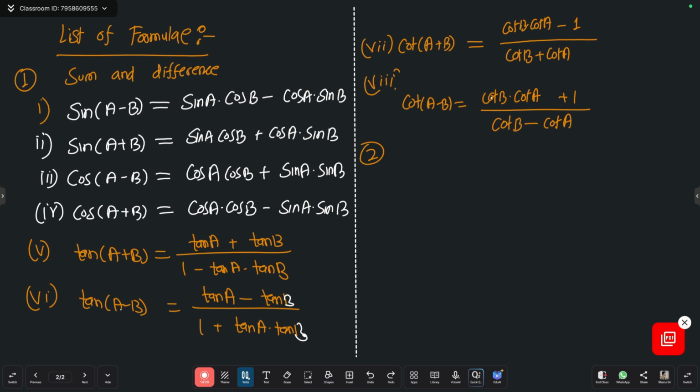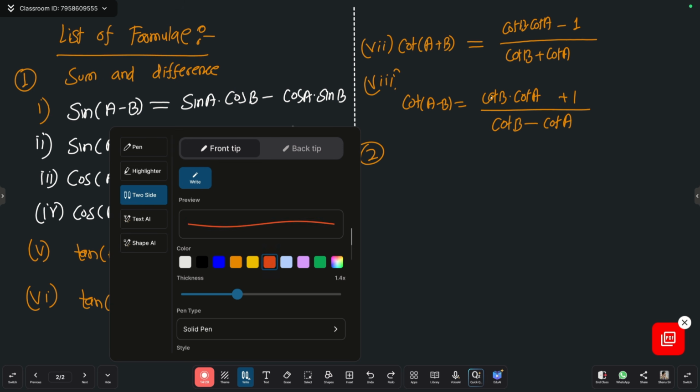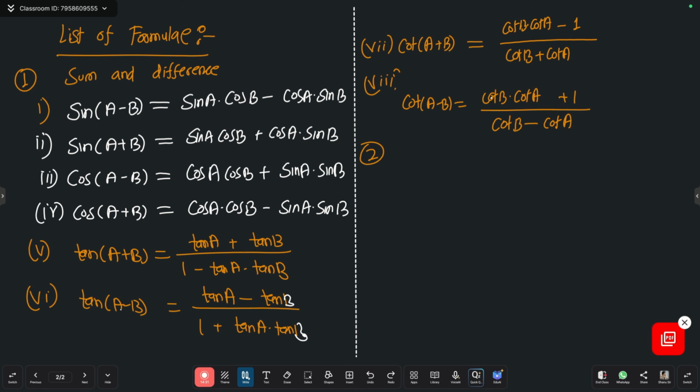One formula over. Now I will write the second one: sine 2x. Now there are two important formulae for sine 2x. Let me write in A only because I am writing AB now.